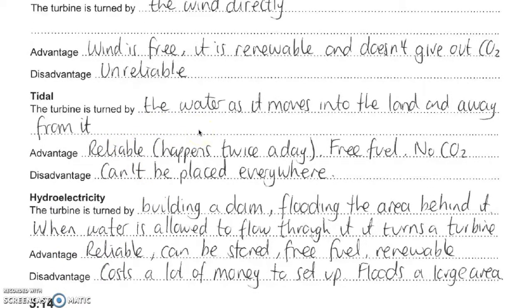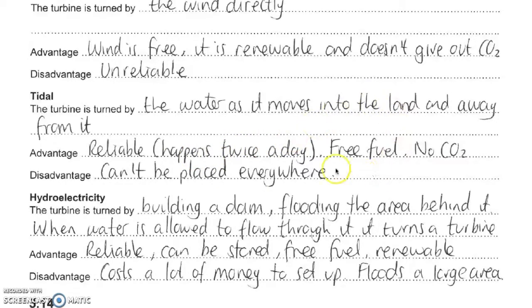Tidal is when water moves from a higher land level compared to a lower land level, and that water movement we can use to turn a turbine and then a generator. So the same principle applies there. It's reliable, happens generally twice a day.